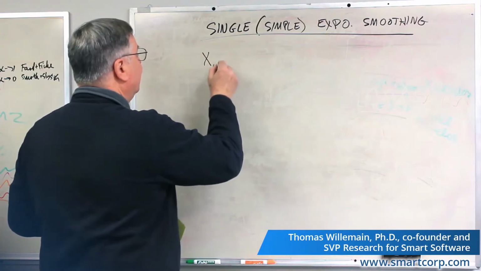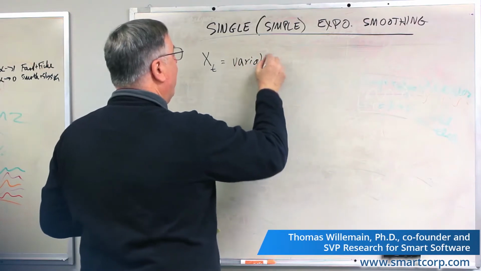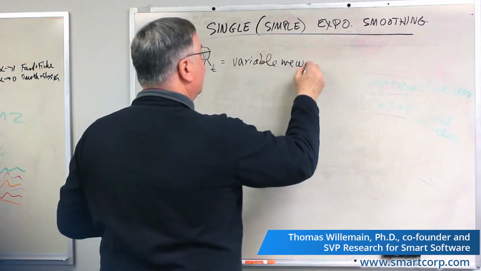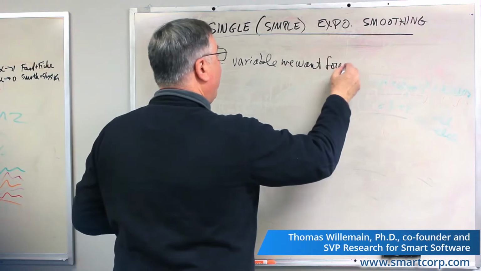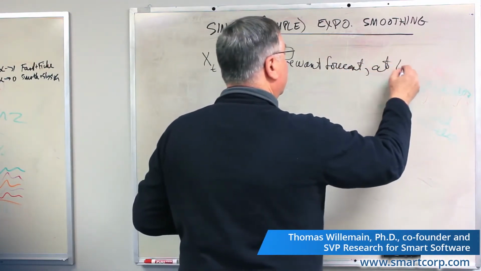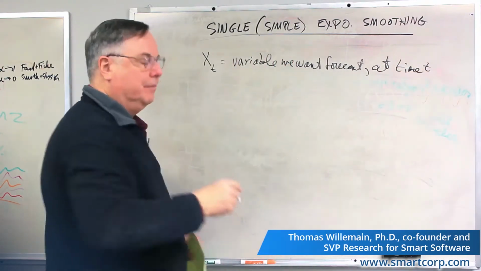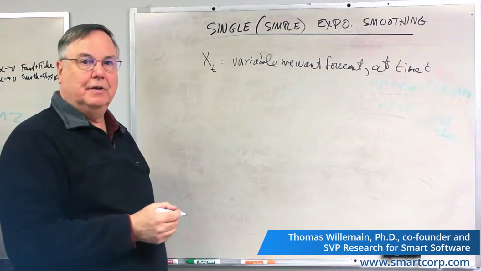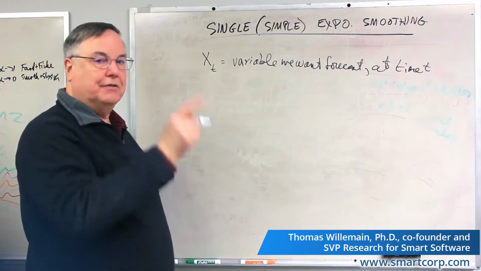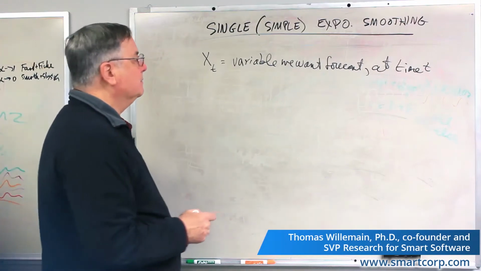We'll say x of t is the variable we want to forecast at time t. So we have a set of, say, sales observations or demand observations at time 1, time 2, time 3, time 4. That's a time series of data.